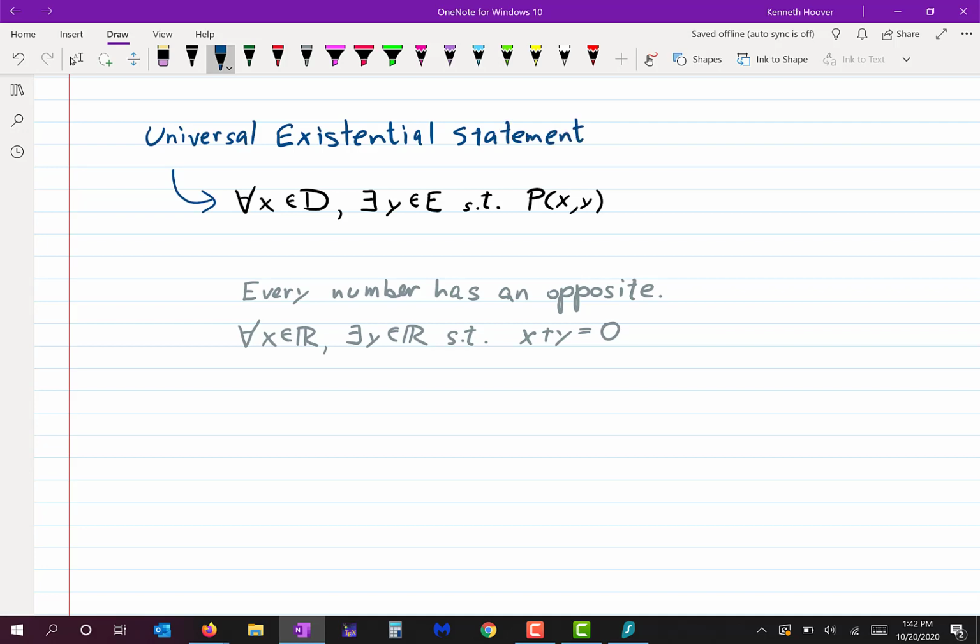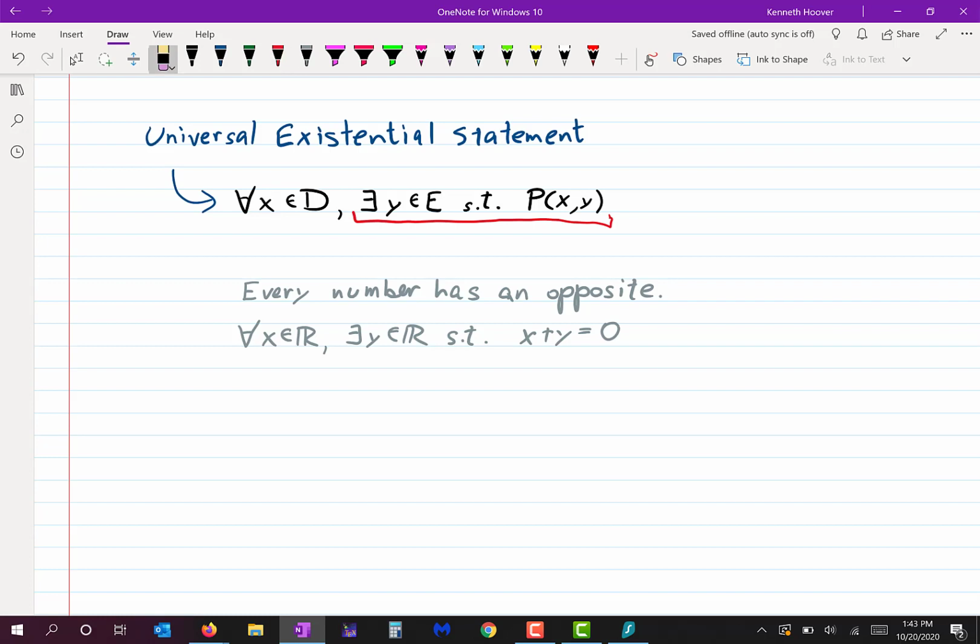A universal existential statement is a universal statement. It is not an existential statement. Part of it is an existential statement. Part of it is. Okay? The entire statement is not an existential statement. The entire statement is a universal statement. Okay?